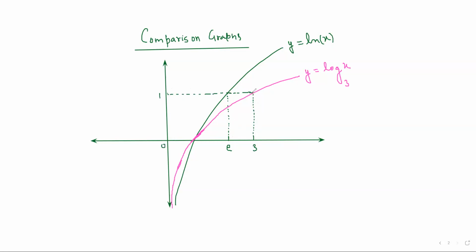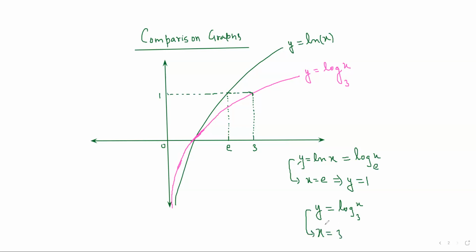So this is the comparison of the graphs of log x. Let's observe y is equal to ln x, which means log x base e. Put x is equal to e. What did we get? y is equal to 1. Any doubt? And suppose you have the graph of y is equal to log x base 3. Put x is equal to 3.